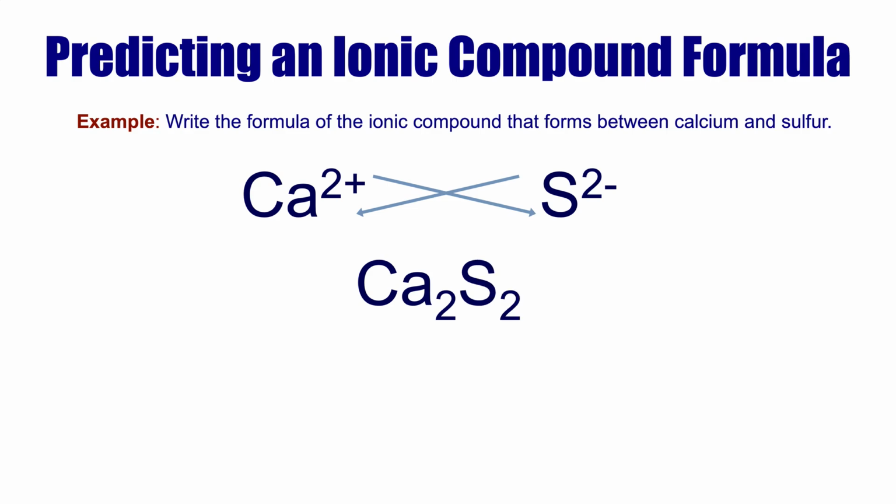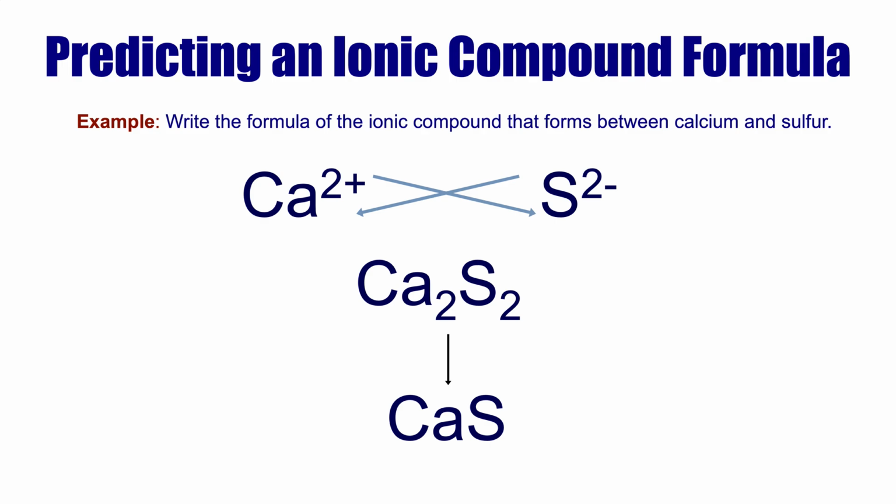The one thing you need to be careful of is always check the subscripts. If you can reduce them down, you need to reduce them. So we have Ca2S2. Both of those subscripts can be divided by 2, and we still get a whole number. So I'm going to reduce them down, and I'm going to get CaS as the correct formula.